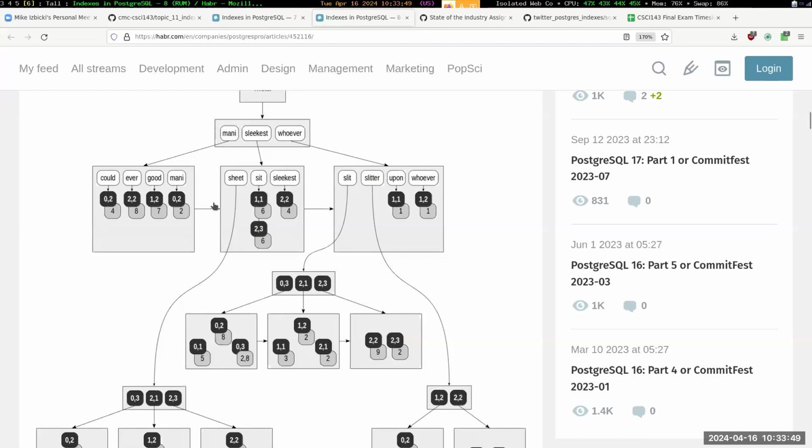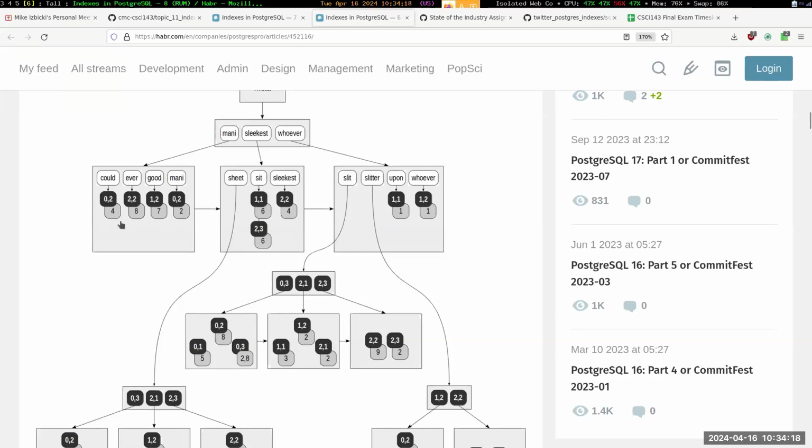The black boxes down here contain the tuple ID information. This is, again, the physical location where the corresponding rows are located in the heap table. Every index is going to store these tuple IDs somewhere inside of it. And these gray boxes down here are the new thing about the RUM index that is different from the GIN index.